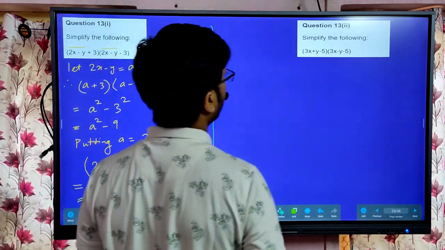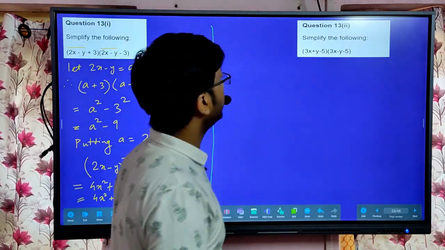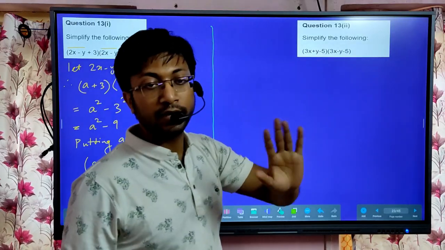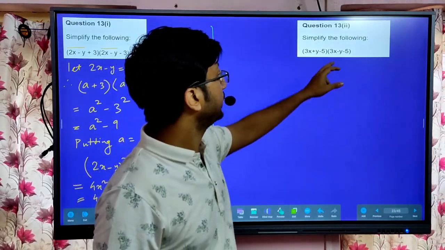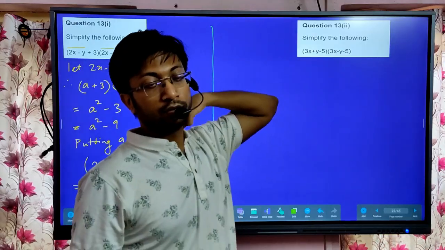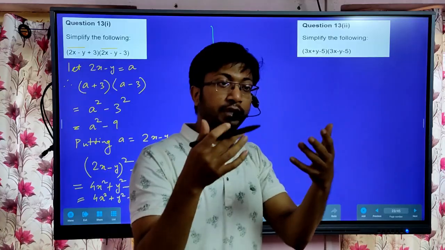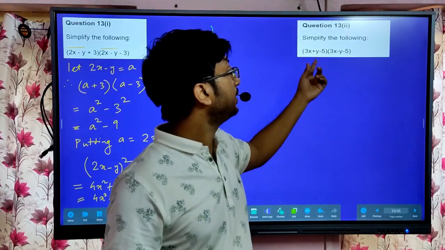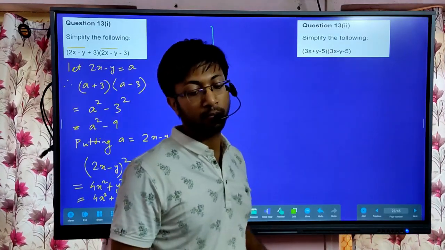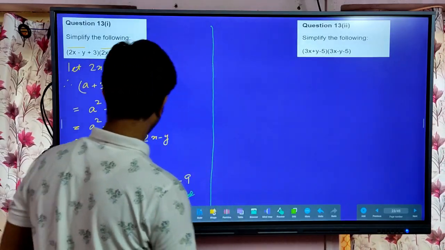You see here 3x plus y, I cannot take it as a because it is 3x minus y over here. So you need to find out which terms possess similar signs in both the two factors. You identify yourself.